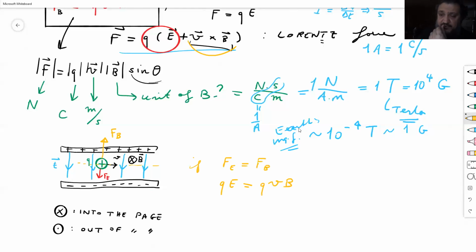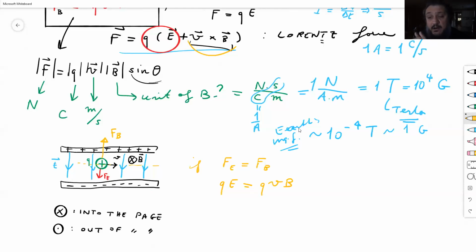Special case. If you change the charge on the capacitors, that would change the electric field, and now the forces are not equal to each other anymore. So you would have some acceleration because the charge will move under the influence of a net force.